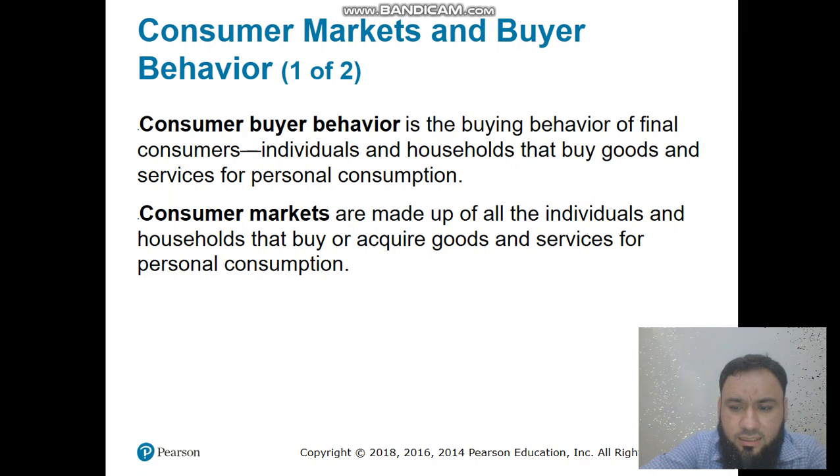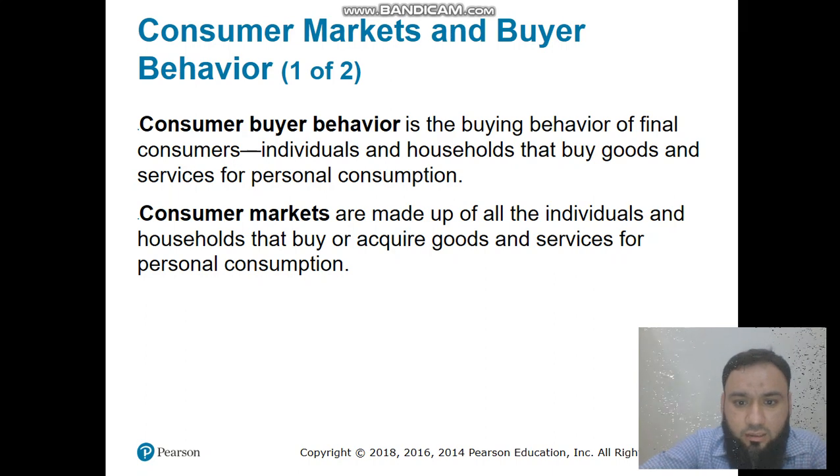Consumer markets, as the definition says, are made up of all the individuals and households that buy or acquire goods and services for personal consumption. So here the focus is on personal consumption. Who are the buyers here? We need to understand individuals like us, like an ordinary man, a husband or a wife or a father.